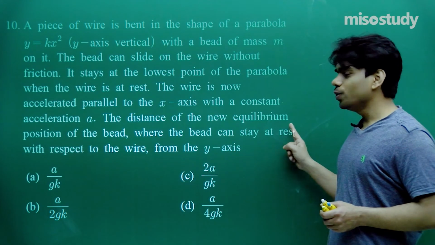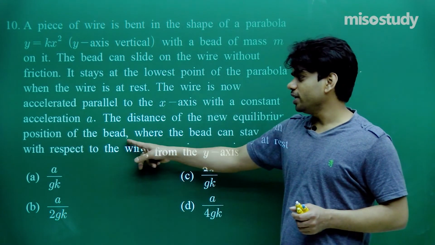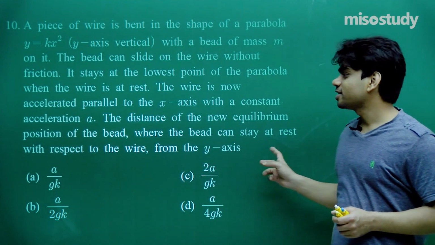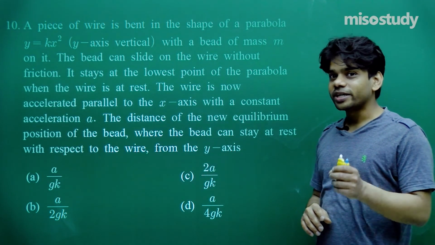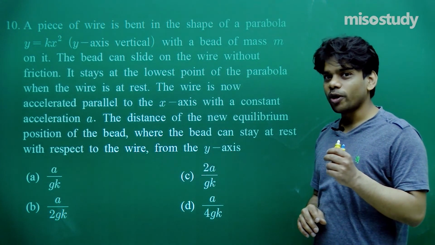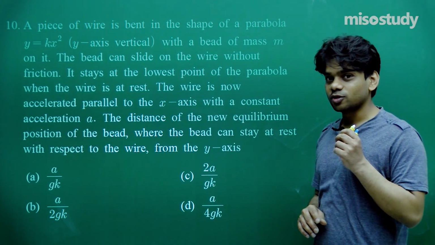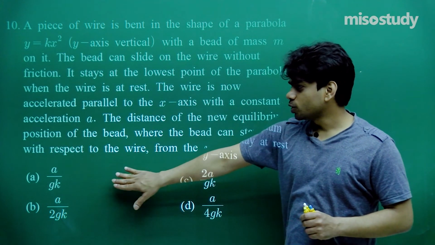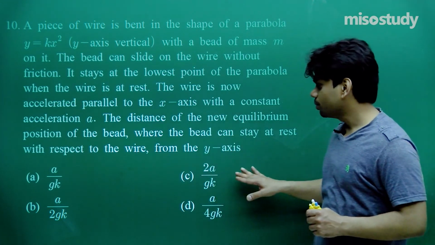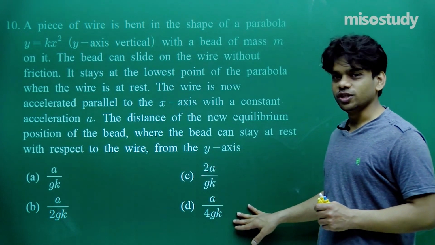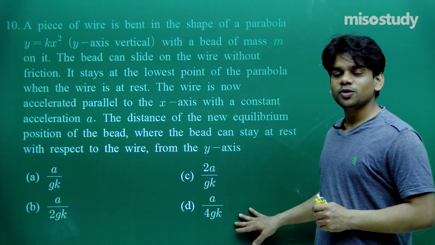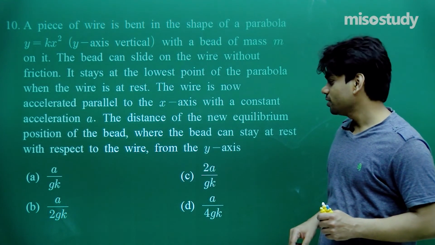The distance of the new equilibrium position of the bead, where the bead can stay at rest with respect to the wire, from the y-axis. Options: A, a by gk; B, a by 2gk; C, 2a by gk; and D, a by 4gk. K is a constant used and g is the acceleration due to gravity that is acting here.